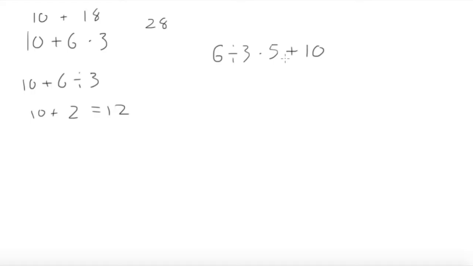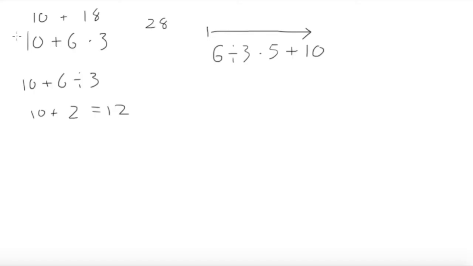What you're going to do first is you're going to go from left to right, okay? You're going to move that way when it comes to evaluating the problem or solving the problem, okay?